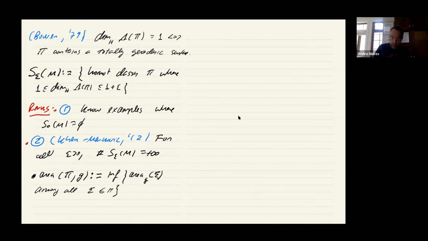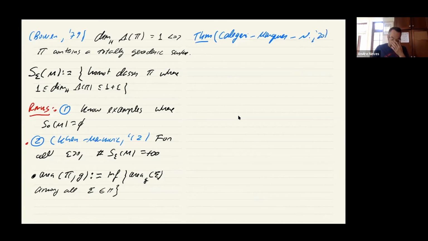And let me state the theorem now, which is due to Calegari, Fernando, and myself from this year.